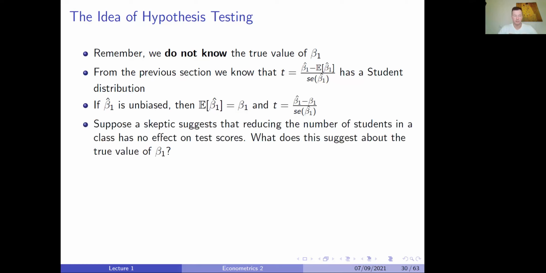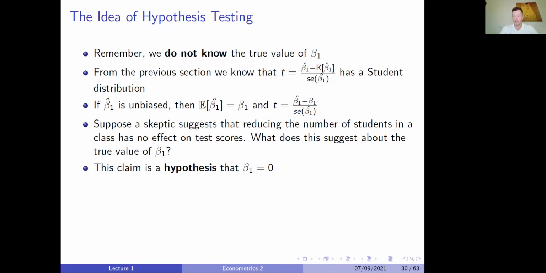Suppose, related to the empirical example, that some skeptic suggests that reducing the number of students in a class has no effect on test scores. So what does it suggest about the true value of beta 1? If there is no effect of x on y, we believe that beta 1 is 0. So this claim is a hypothesis, because we do not know anything about beta 1.